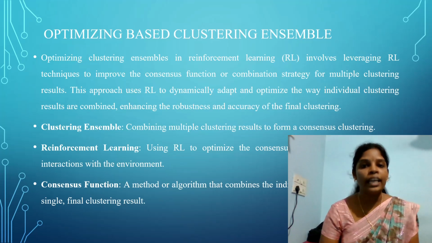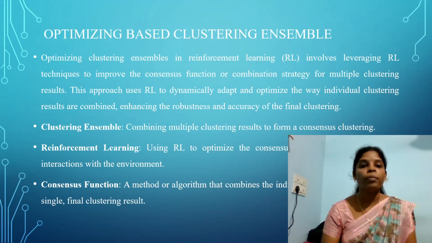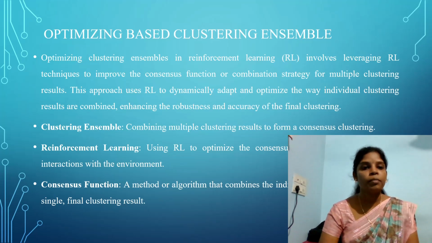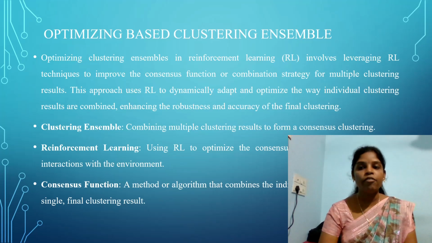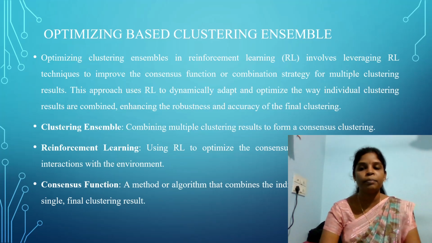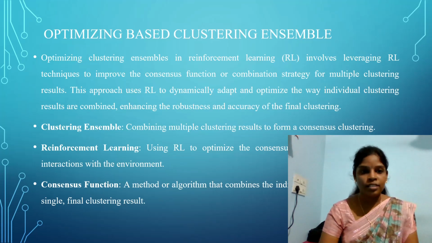Okay. So in clustering ensembles, how to optimize using reinforcement learning, we will see now. Optimizing clustering ensembles in reinforcement learning, RL techniques are used to improve the consensus function or combination strategy for multiple clustering results.